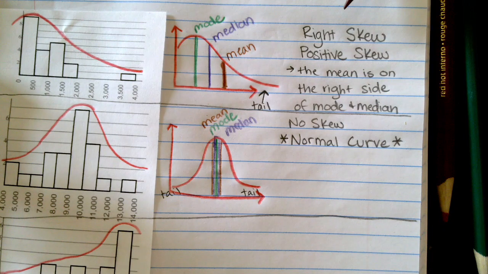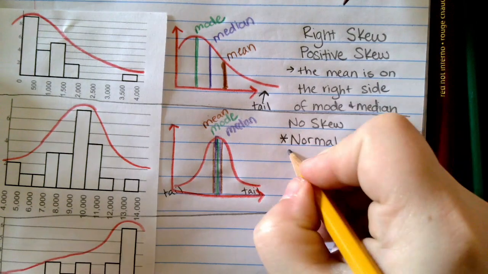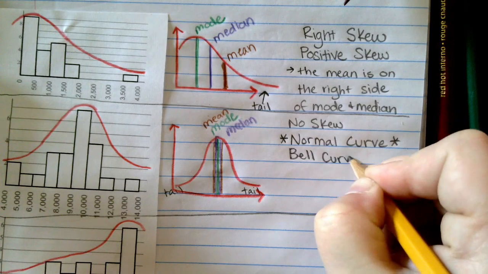You might also hear this called symmetrical. What does symmetrical mean? Symmetrical means you can fold it in half, like a butterfly. Symmetrical curve. You also might hear this called a perfect distribution.